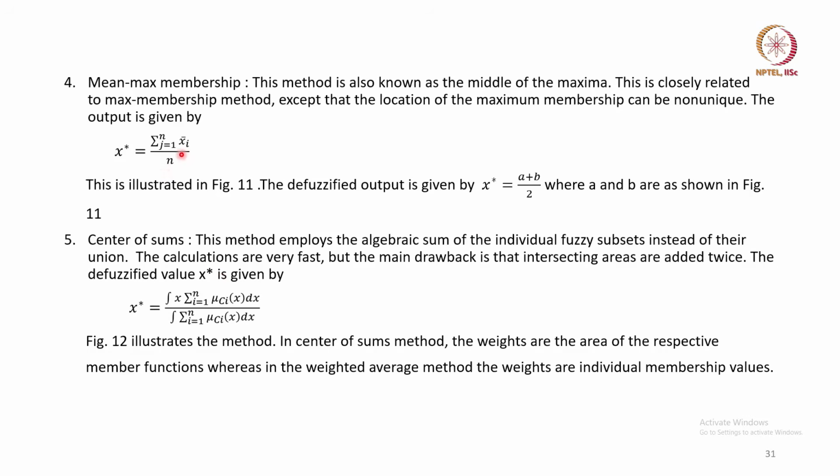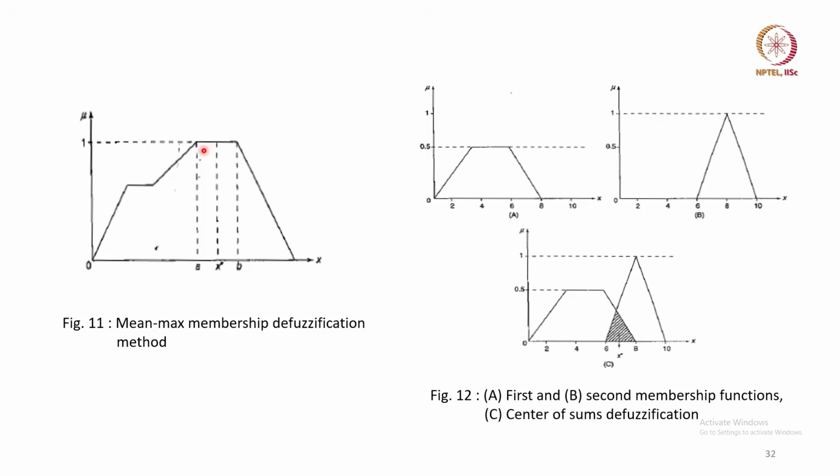So x star is equal to, if you take everything which is the maximum, all those values, you add them up together and divide by n if you have n such values. It's equivalent to saying, if this is a and this is b, you take a plus b by 2, which will give your middle value over here, which is the x star that you are looking for.